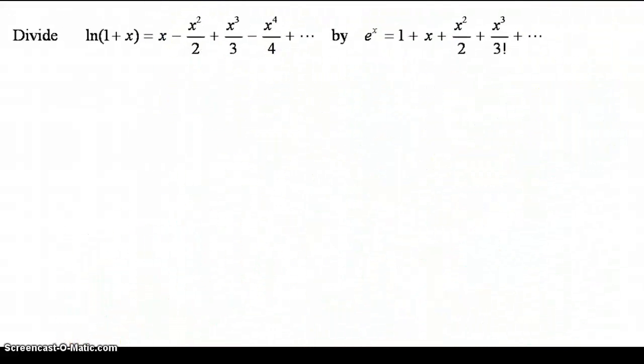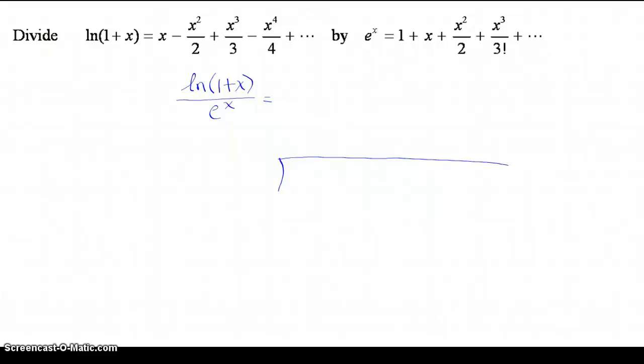Here's one that says divide. Well, this is polynomial, so polynomial long division. So we're going to have an entire new function that looks like this. And if we want to find what the power series representation for that is, we're going to have to do polynomial long division.